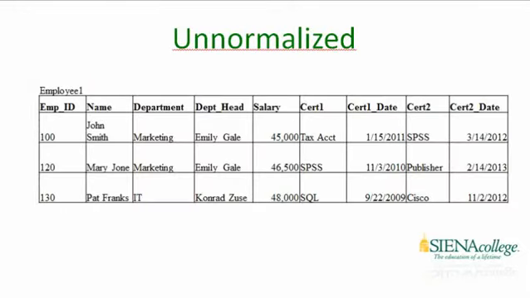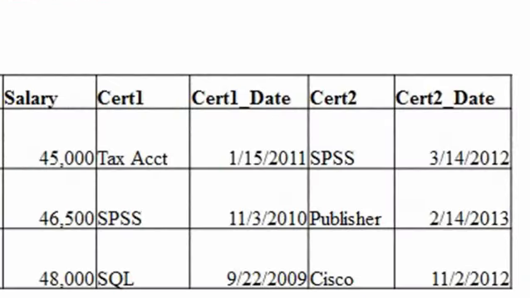This is an example of an unnormalized data table, with the employee ID as the primary key. Now, we consider this unnormalized because it doesn't meet the test for first normal form. Why doesn't this meet the test? Well, if we look, we've got a certification column over here and a certification column over here.